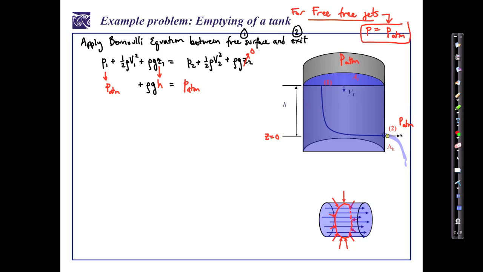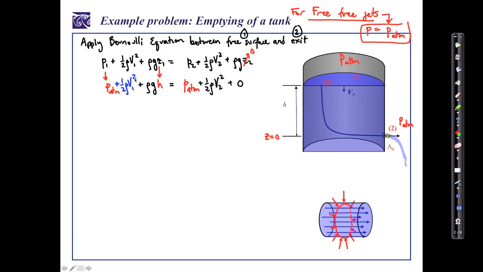Okay, so we then also have here the velocity at the exit, which we're trying to calculate, so that's unknown, plus 1/2 rho v2 squared. That last term was 0. And our last one then is, what is this velocity 1/2 rho v1 squared?